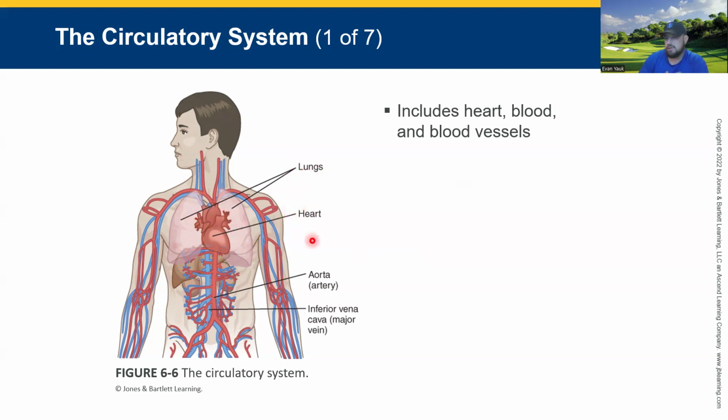Everybody says it's on the left, but it's actually more centered. It's left of center, but more center than people think. Your aorta and your inferior vena cava are shown here just to show where they're at further down in the body.